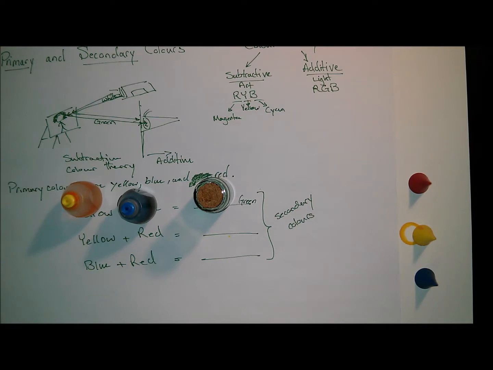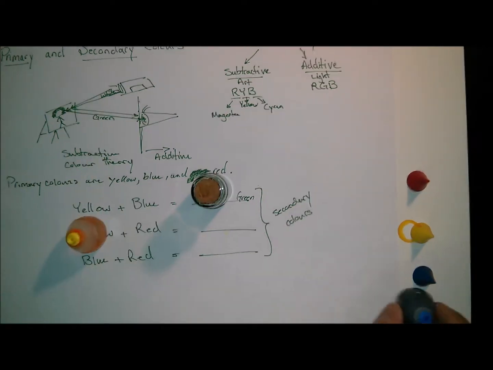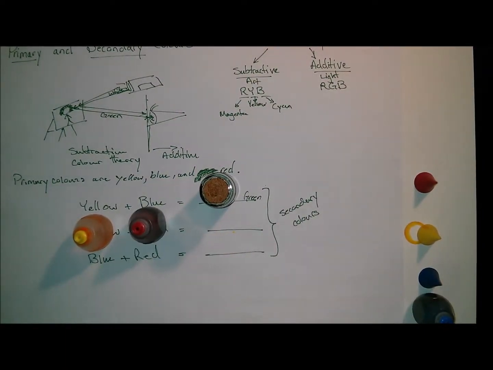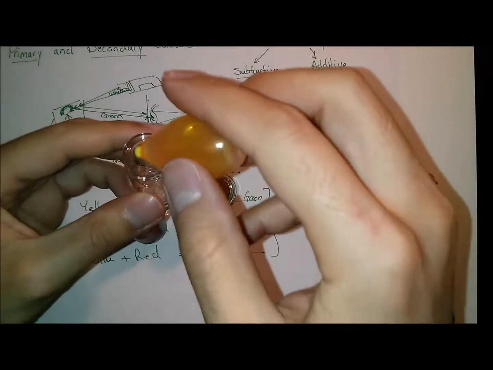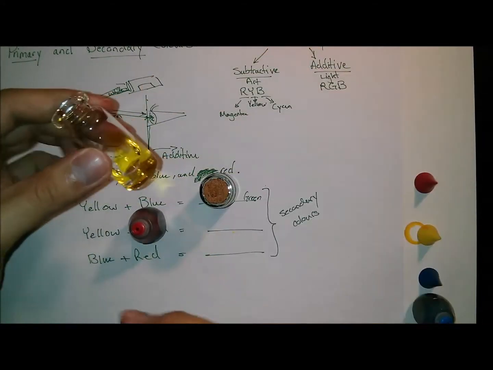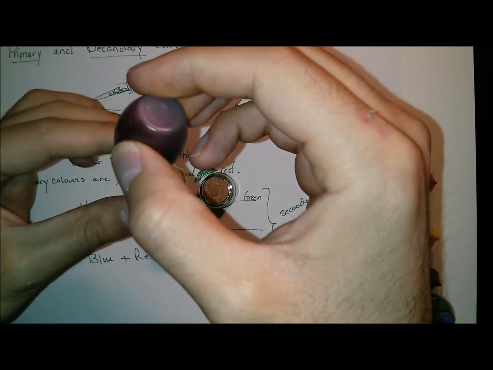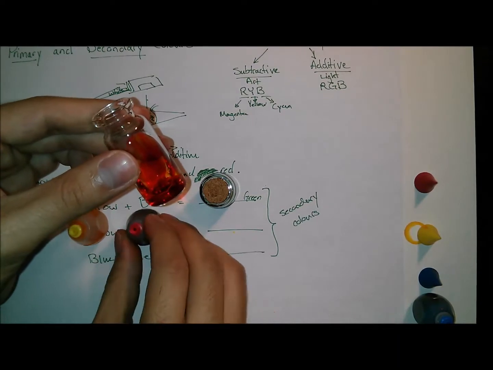So our first one is green. Now let's do the other ones. What I have over here is yellow, and now red. Again, we're doing the same thing. I'm going to add 1 droplet of yellow and 1 droplet of red.